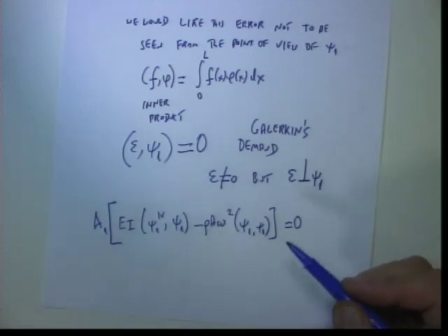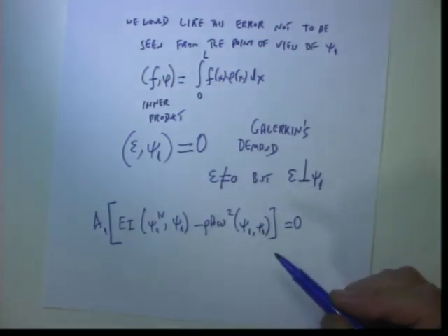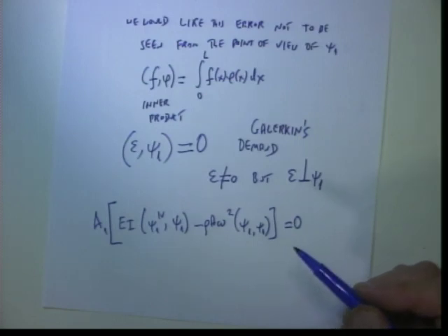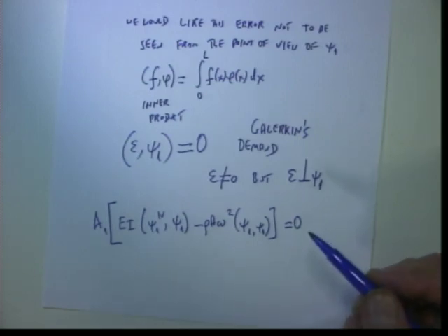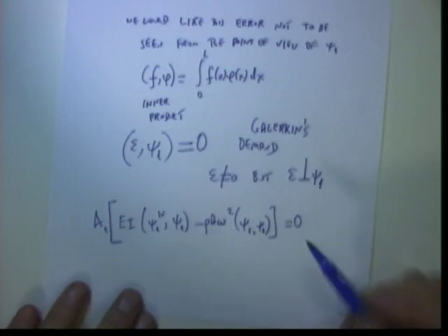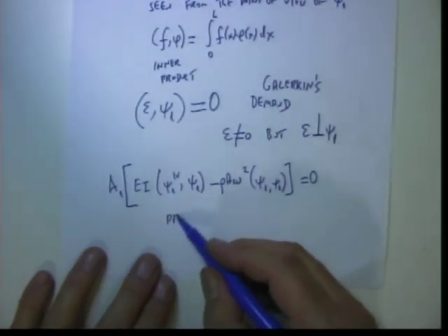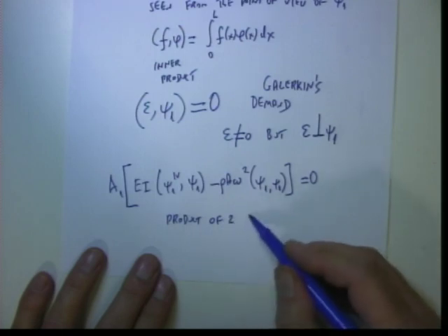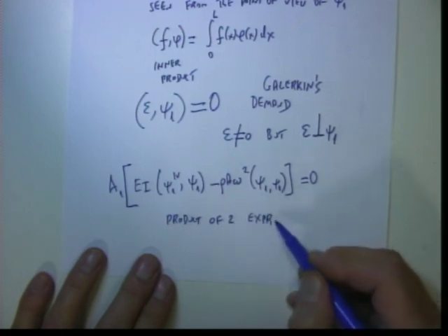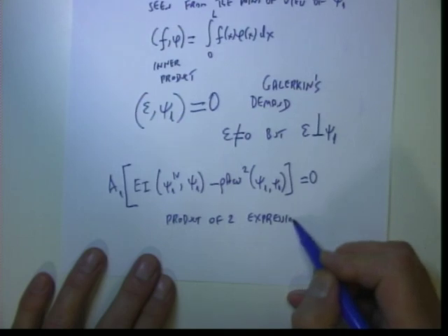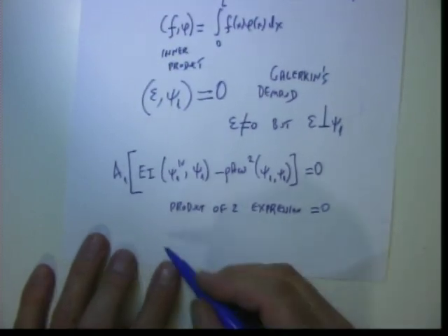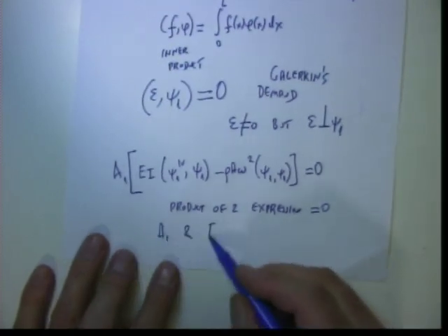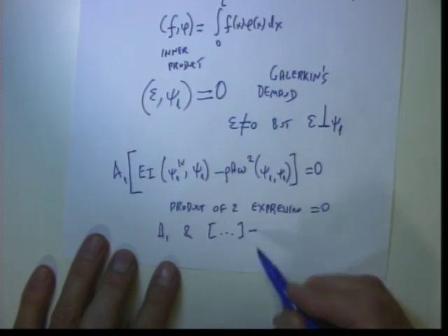Once I calculated this inner product, so to say, this is a product of two expressions equals 0: a1 and this expression in parentheses.